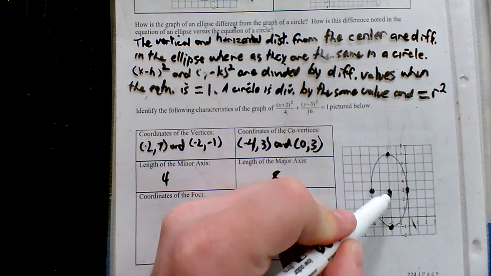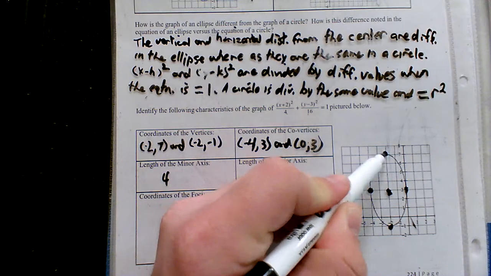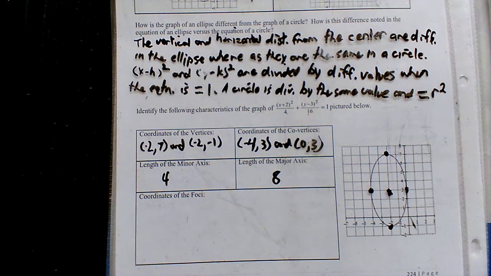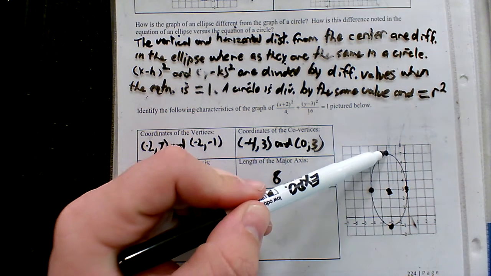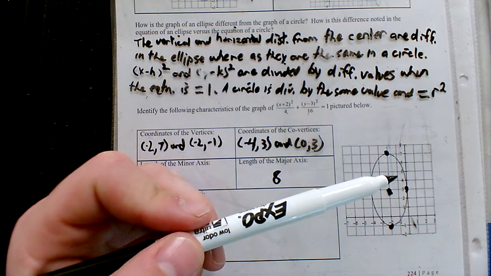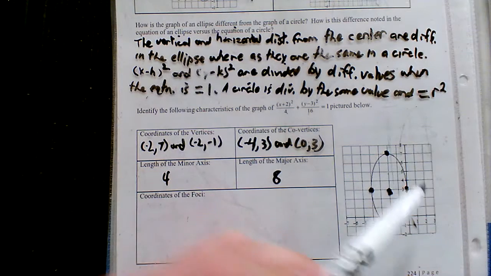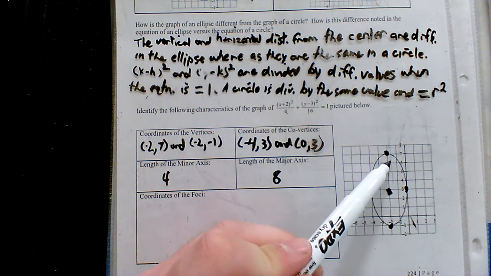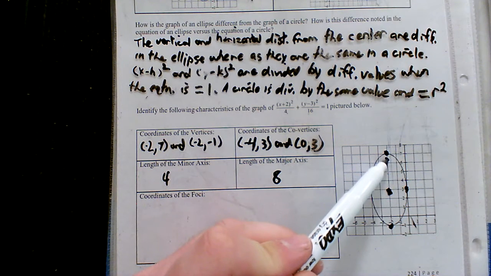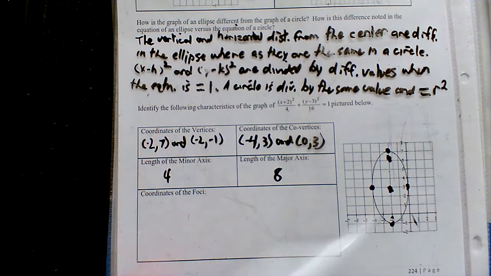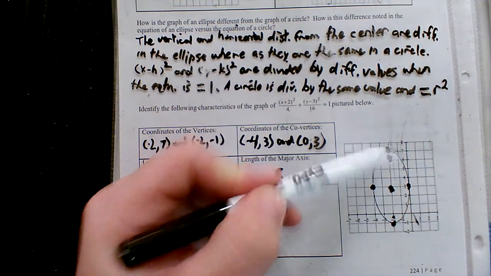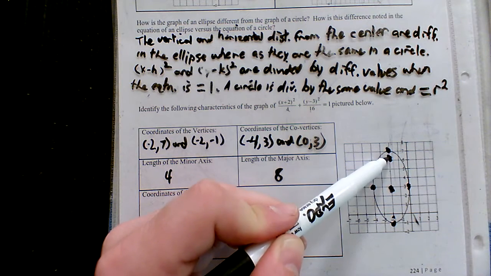I'm going to tell you, one of them would be from the center to the vertice. It's the same as what? The distance from the center to the vertice is the same as? Yeah, the co-vertex to this focus that we don't know exactly where it's at yet, but it's somewhere close to the top and somewhere close to the bottom, okay? So the distance from here to the top is the same from here to this one almost at the top.